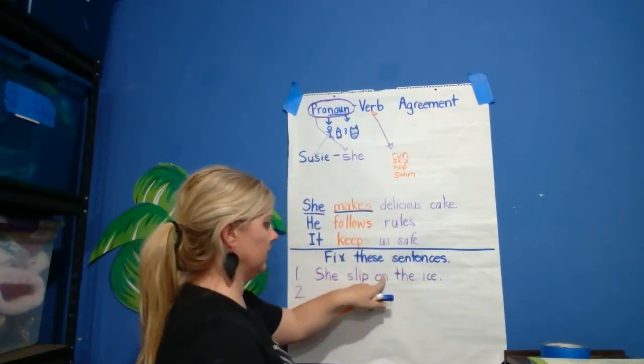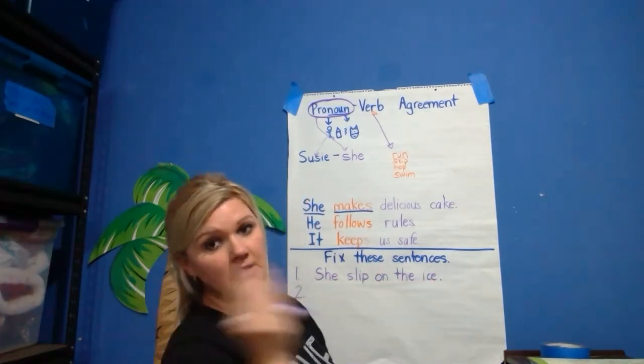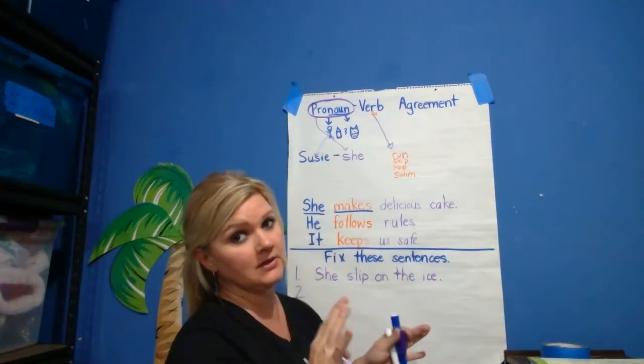So, she slipped on the ice. Underline the pronoun and underline the verb and make sure you know if it's the right agreement.